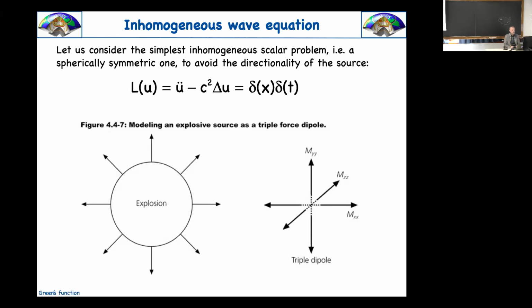What does it mean? That we can define an initial time t equals 0. An initial point maybe in the origin, so it's x equals 0.